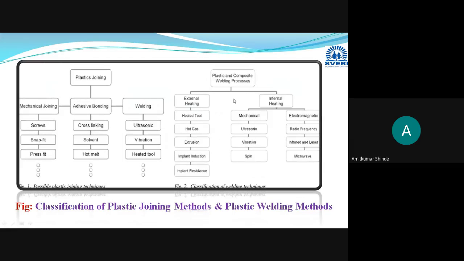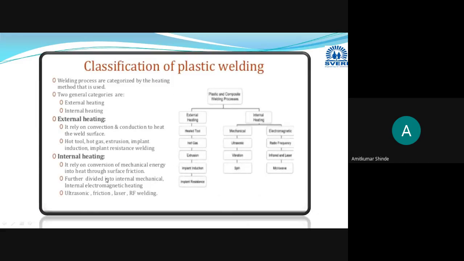Okay, this is the chart. First, I will explain it, and after that, you can go through the chart. Here, I have highlighted the plastic joining methods and plastic welding methods. Separate chart for plastic welding methods. Now, you can go through this slide.